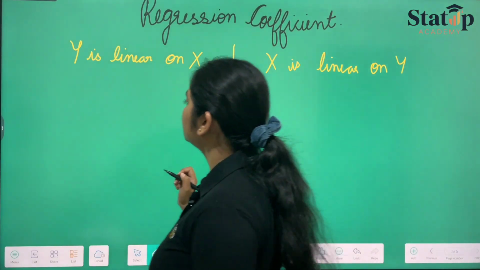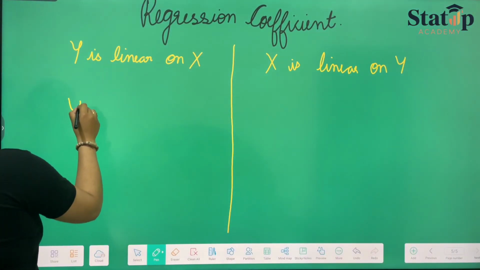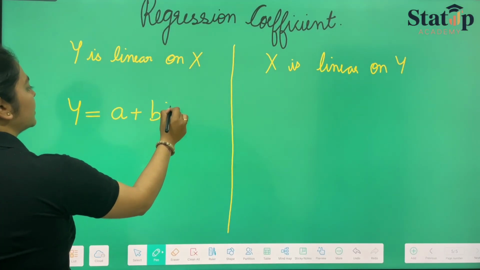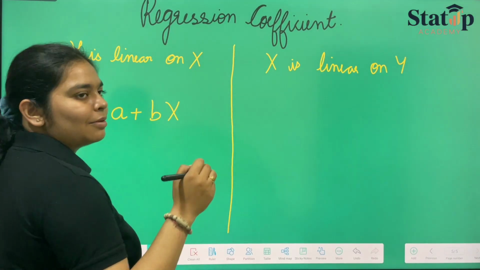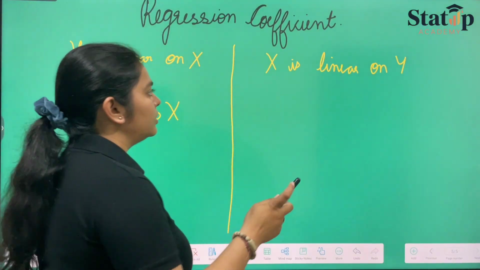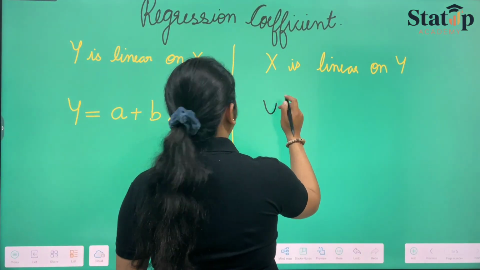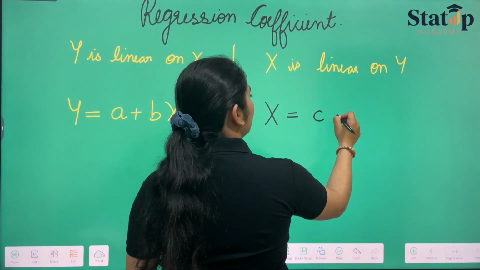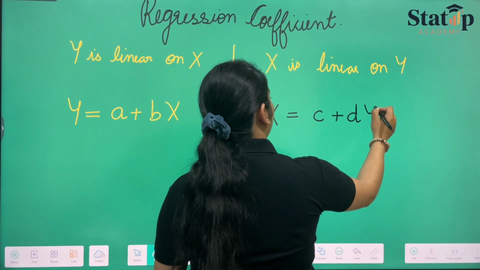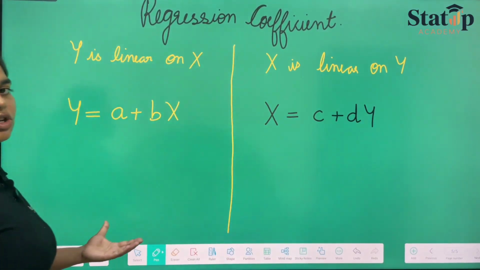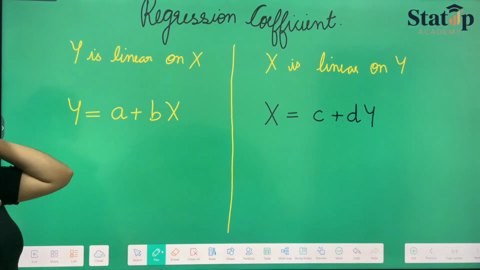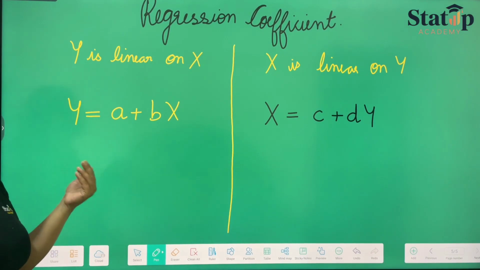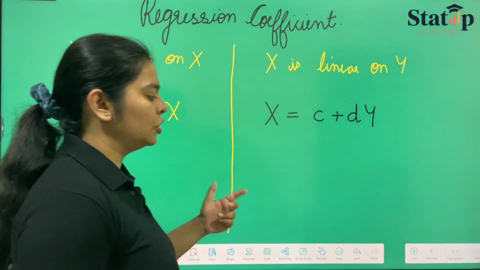These two equations can be written as y equals a plus bx, where a and b are some arbitrary constants, and x equals c plus dy. These are the two linear regression line equations, and first of all we have to convert them into these forms so as to find our linear regression coefficient.